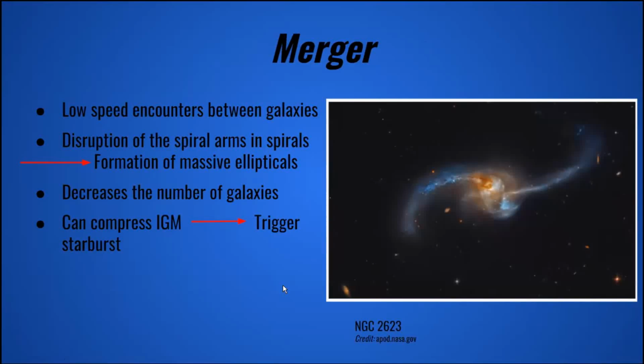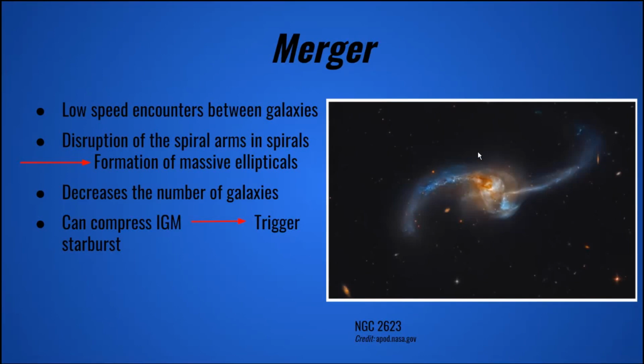In fact, we get the merger at the end, which is the result of tidal stripping. The speed becomes so low that the two galaxies just won't be able to resist each other's gravity, and they will just form one elliptical galaxy. This is the process that leads to the decreasing number of galaxies and the growth in size.